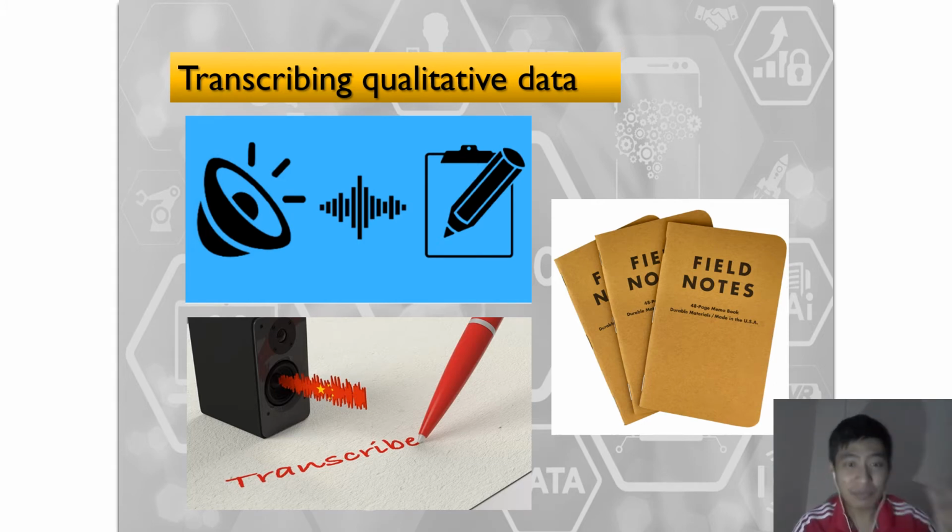Transcribing is a painstaking work. You should listen to the interviews and manually transcribe it by hand or through the computer. So we should transcribe every word, listen intently, and use your field notes.